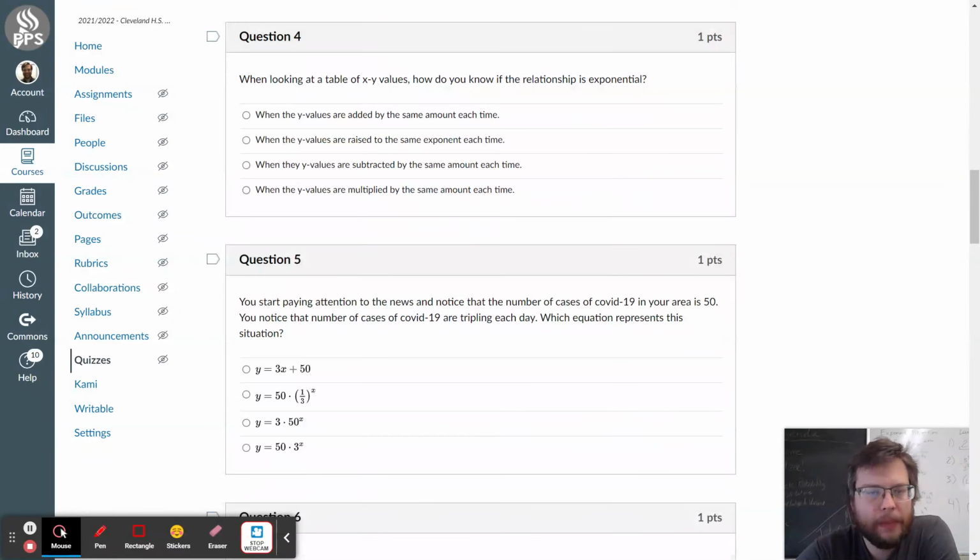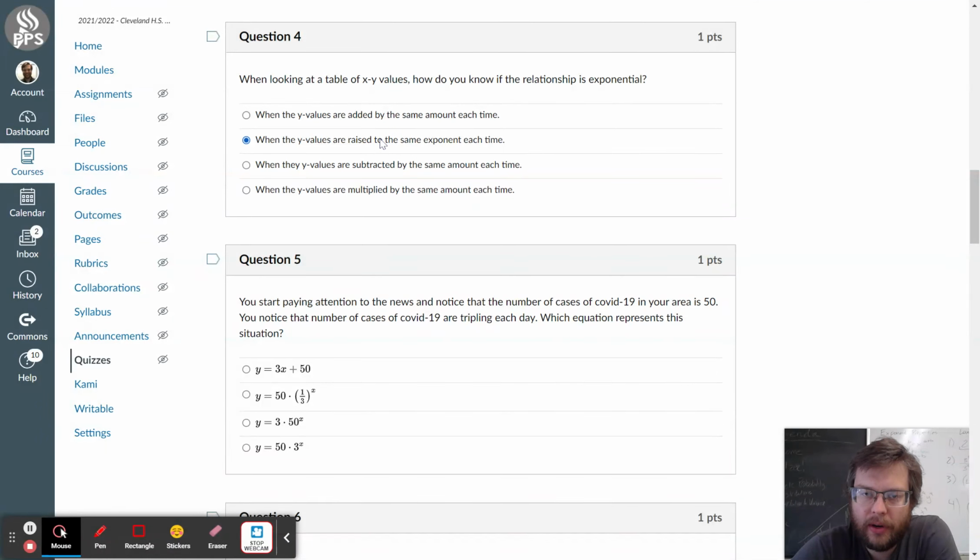When you're looking at a table of XY values, how do you know if the relationship is exponential? Well, let's read through these. Is it when the Y values are added to the same amount each time? Nope, that would be a linear pattern. When they're raised to the same exponent each time, that sounds exponential, but that's not quite the way that we use the definition right now.